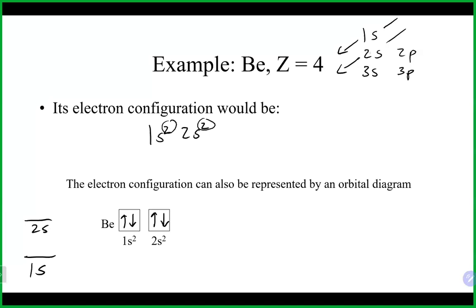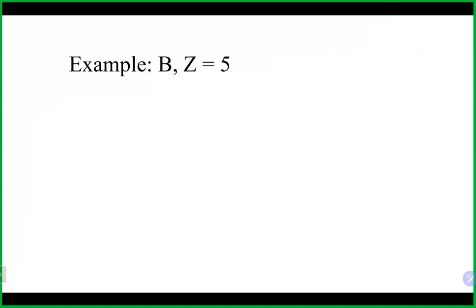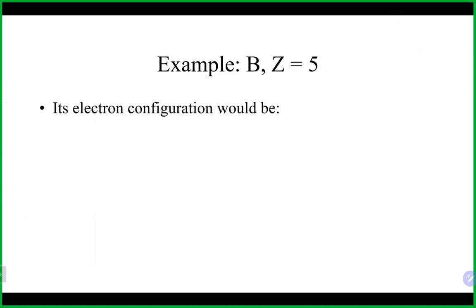That means we have to zigzag back, and the next place that we will go is going to be our 2p orbital as we keep zagging back there. So let's continue on here. Number 5 up there on the periodic table is boron. So again, it does have our 5 electrons.